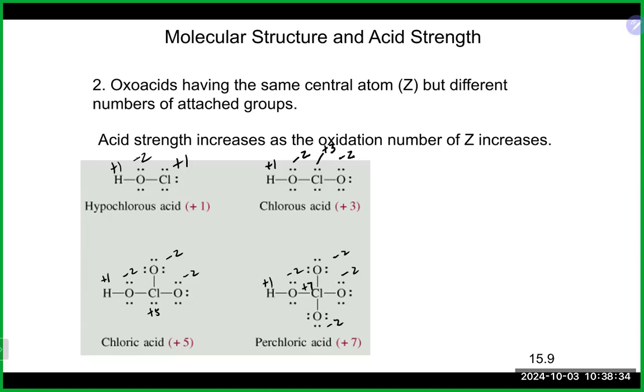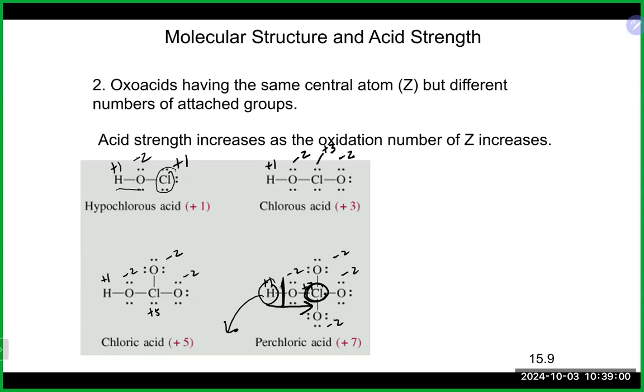So what we see in terms of acid strength is a much larger positive charge on this chlorine. Again, that's going to pull those electrons in closer to the chlorine, weakening this bond and allowing that H to come off, much more than over here, where we only have a +1 charge.